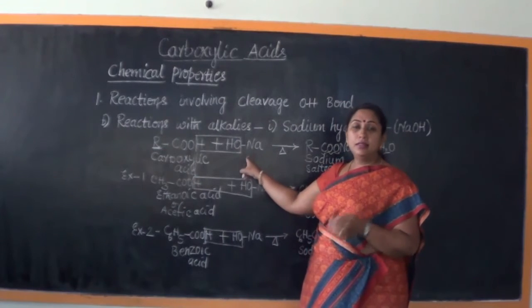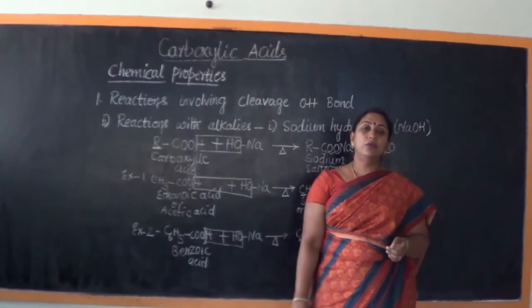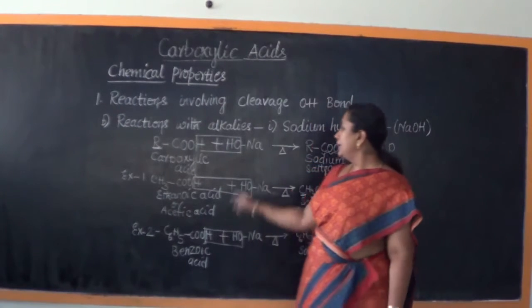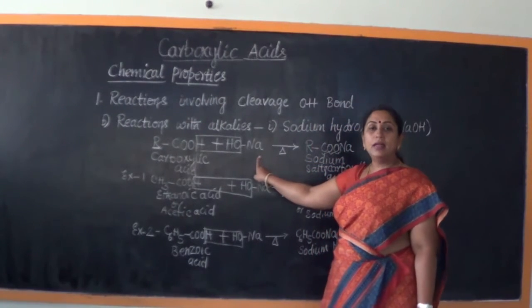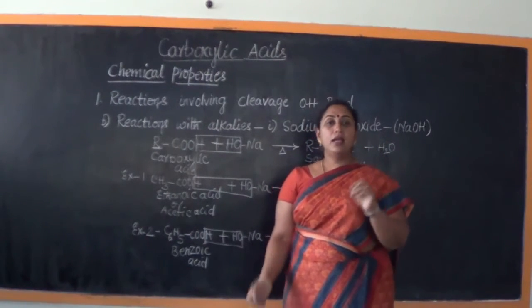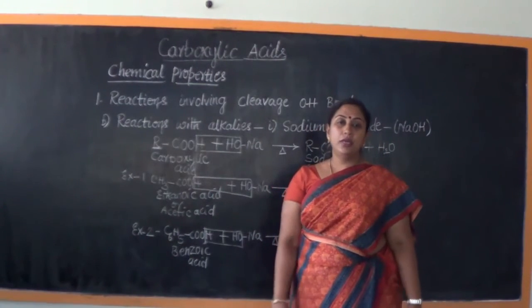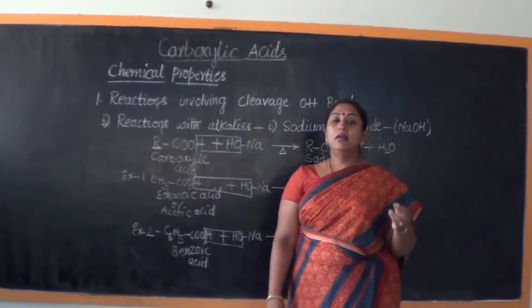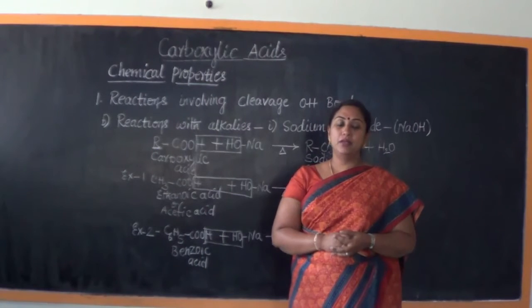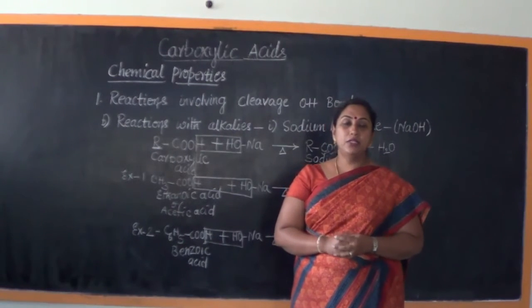That means this type of reaction is not shown by alcohols, whereas phenols, when treated with sodium hydroxide, form sodium phenate salt. So reaction with phenol and sodium hydroxide is observed. Reaction with alcohol and sodium hydroxide is not observed. Please bear this point in your mind.